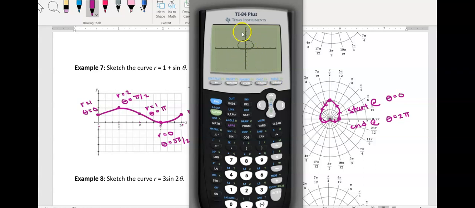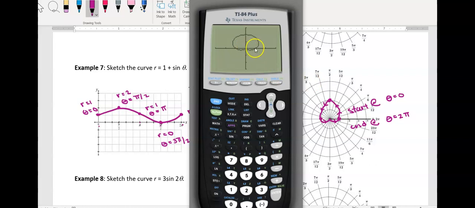Now, if I were to zoom in a little more, maybe -3 to 3, it might give us a little bit more clear of a picture. And also if I were to square up my graph, that might help make it a little clearer as well. So there we can see that we have the same general shape.